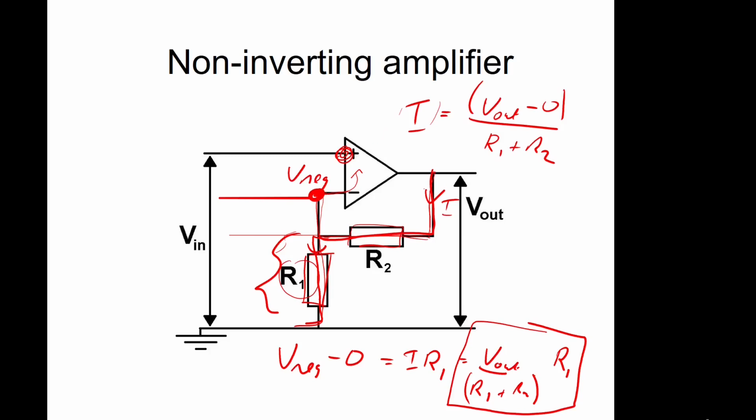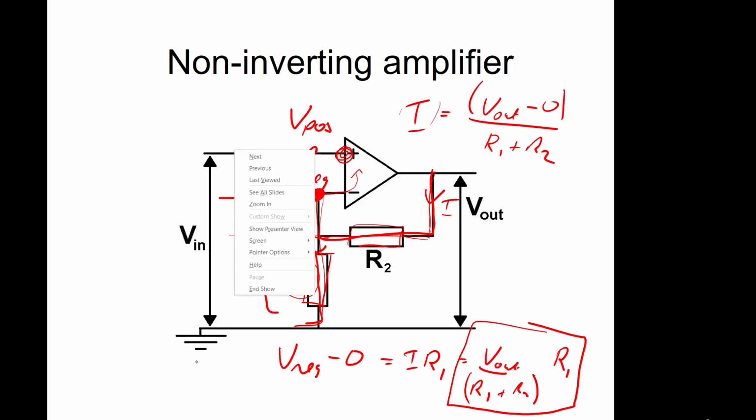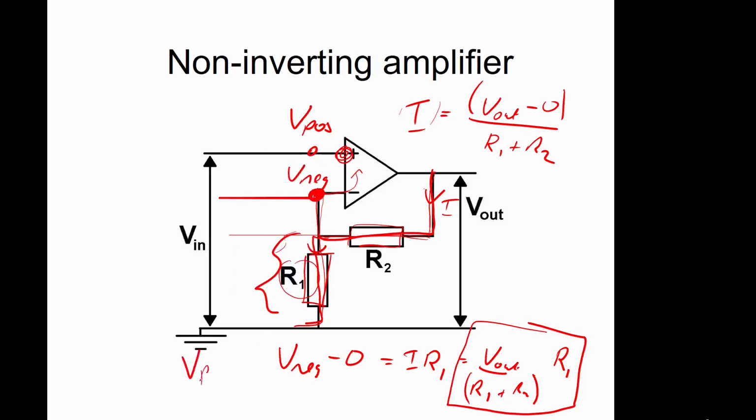But from golden rule 1, V on the positive side is equal to V negative, because the op-amp is trying to make these two voltages the same. So we've got V pos equals V neg, which equals this, and we know V pos is this input voltage V in.